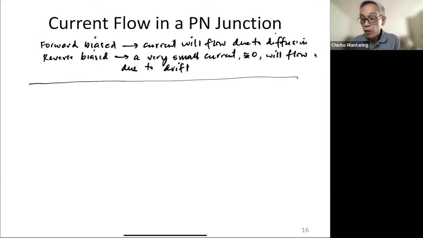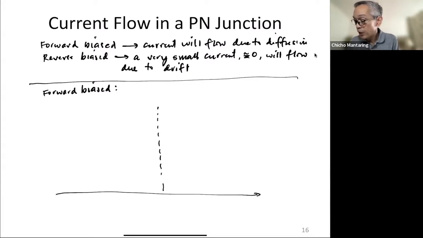Okay, if you take a look at this current component, let's say if this is forward bias, no? Forward bias. Okay, if this is your junction, this is your P side, P type, this is your N type. Let's say this is your depletion region.